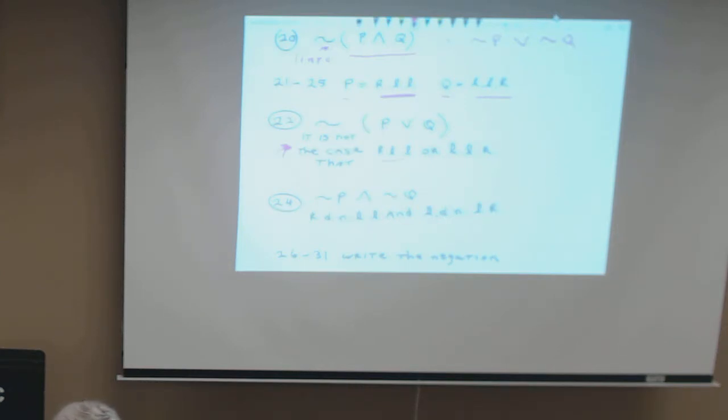Ricky loves Lucy, or Lucy loves Ricky. You follow that? I'm translating from this symbolic phrase to these words right here. It's not the case that P, which is Ricky loves Lucy, or Q, Lucy loves Ricky.